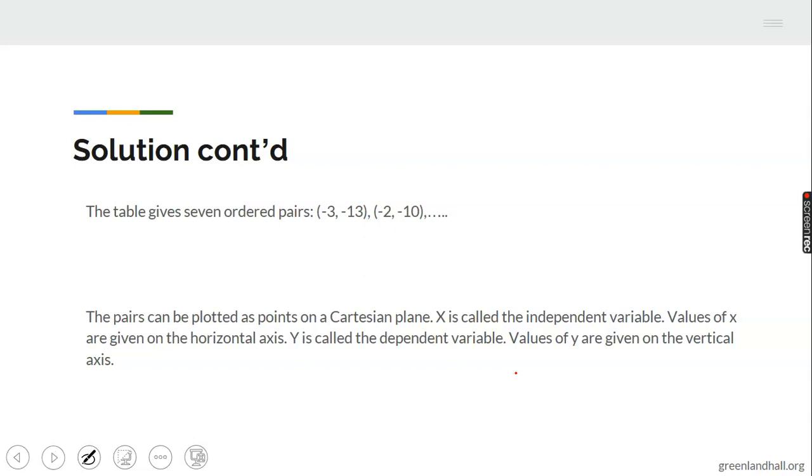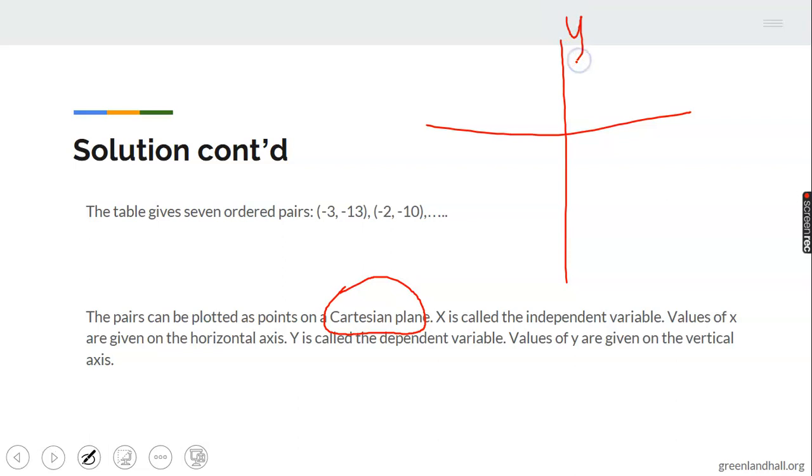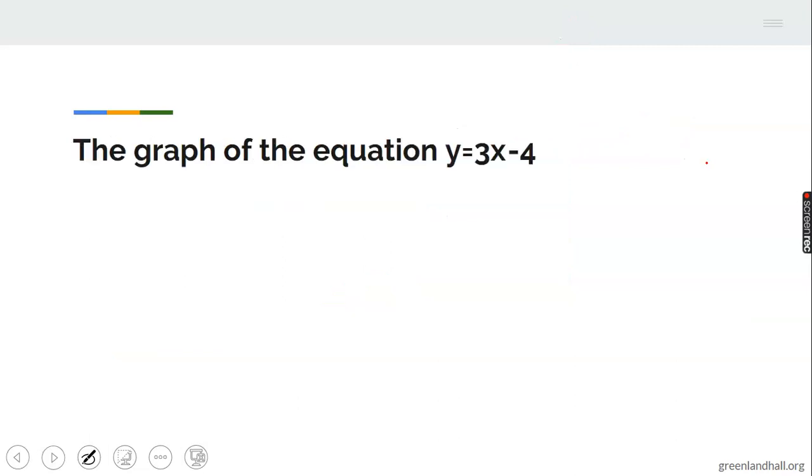Now, the pairs can be plotted as points on a Cartesian plane. Someone will ask me, what is the meaning of a Cartesian plane? This is your Cartesian plane. It is any plane that has only two variables to be plotted. Your y is on the vertical axis and your x is on the horizontal axis. That is a simple example.